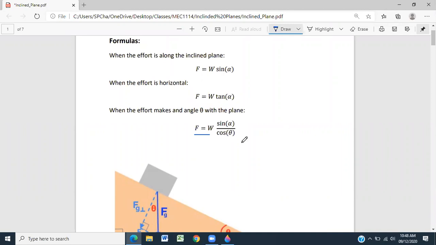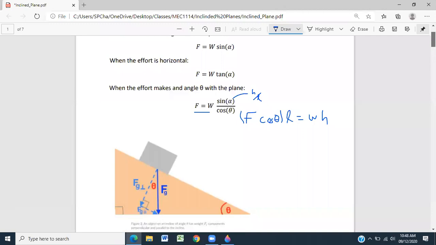And work, you might find it something like this: F cosine theta times L is equal to W times H. As you break this down into height over length, you can see how that would come about, right? So that's the third and final case.